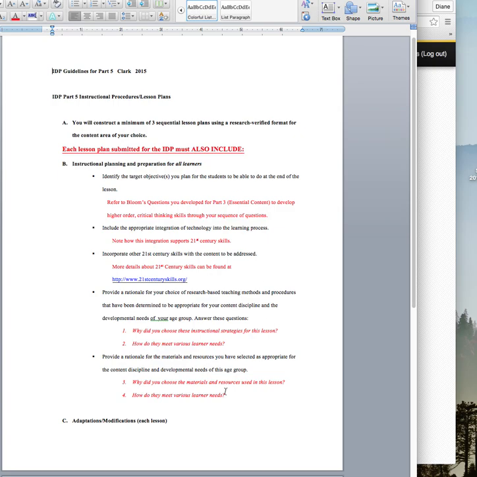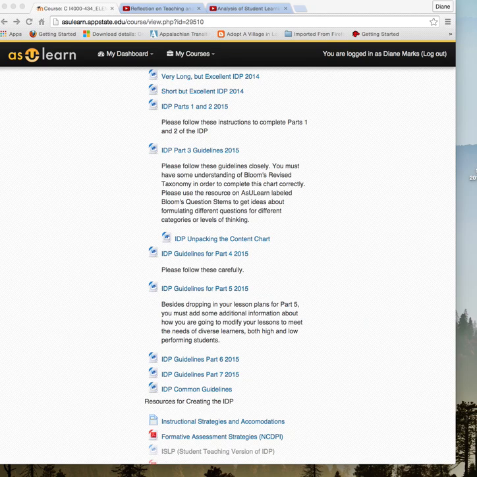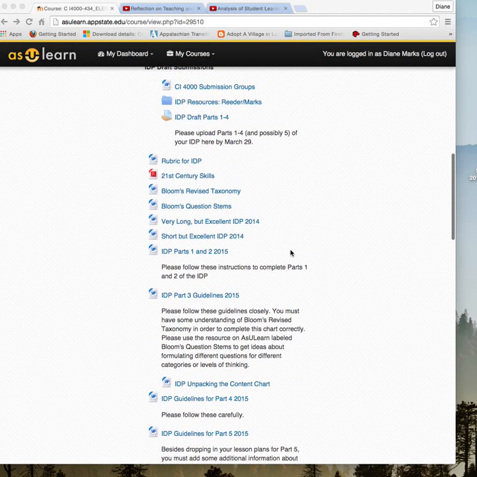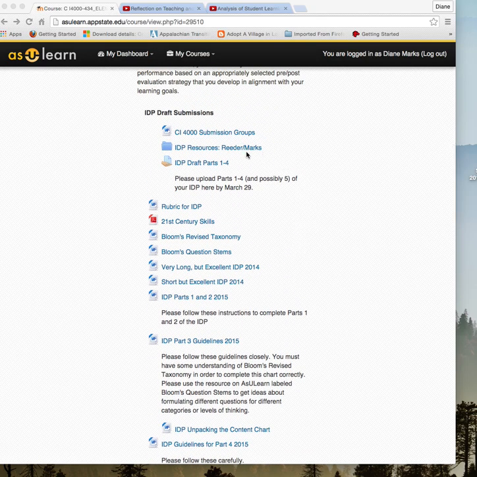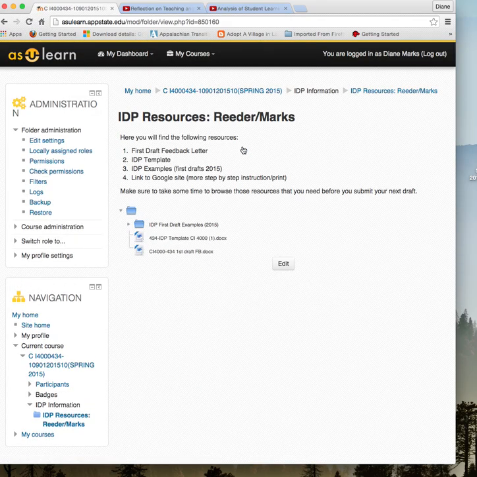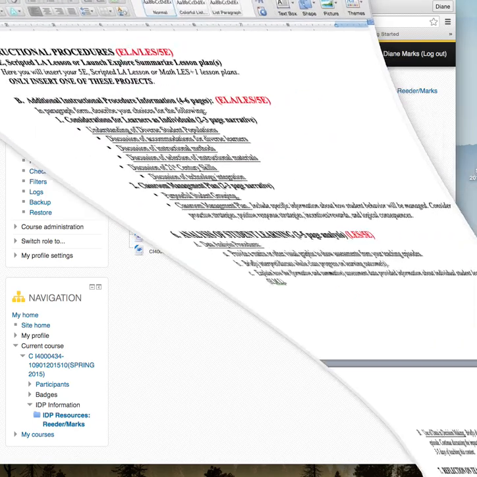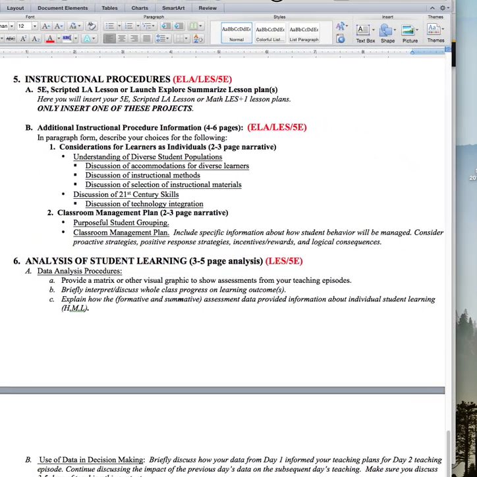So you can go through this, or you can go through these resources here and click on the template, and that's what I've been using for my class.